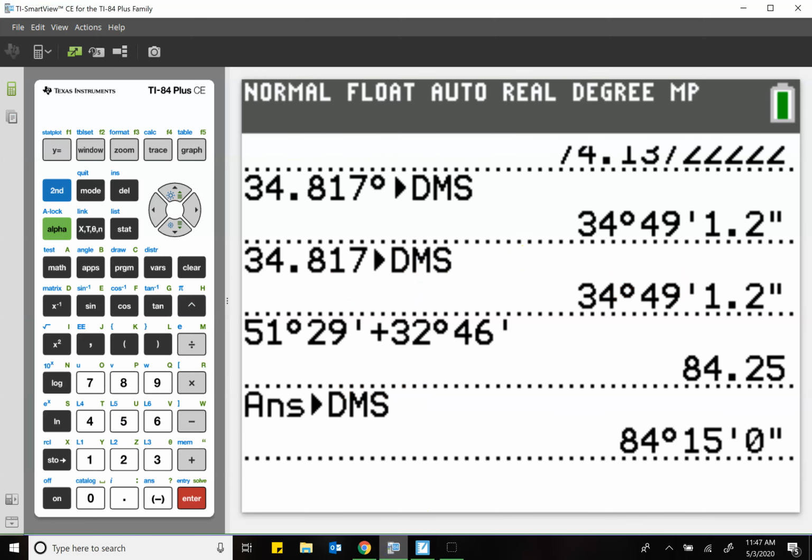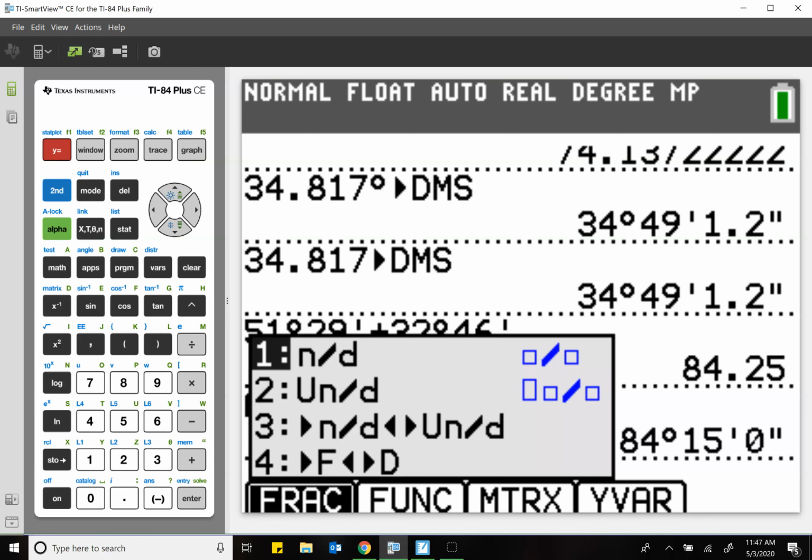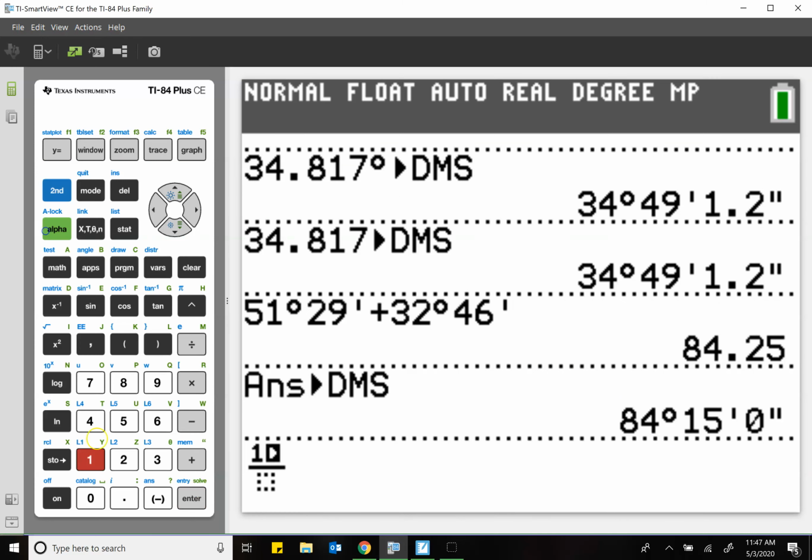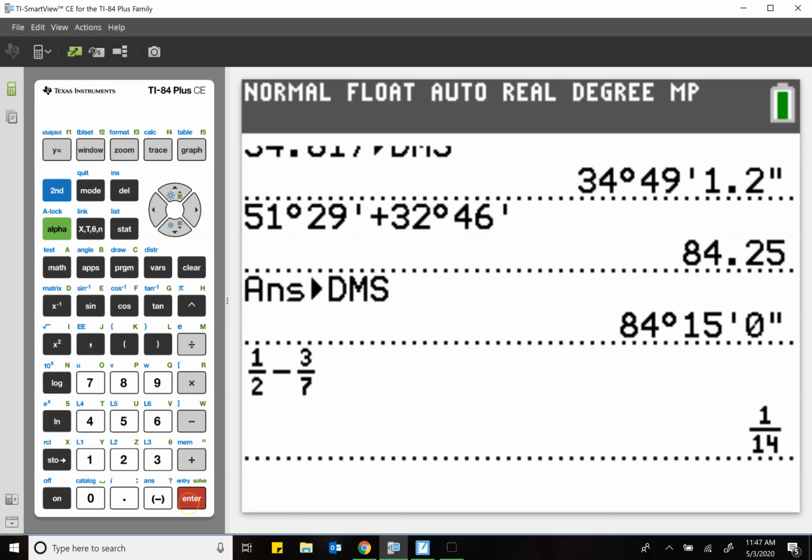So I go to my calculator. If you don't know where your fraction key is, here it is. This is your best friend, alpha y equals. That's your fraction key. And we're going to be working with number 1. So we're going to put in 1/2 minus alpha y equals 3/7, and hit enter, and there we go.